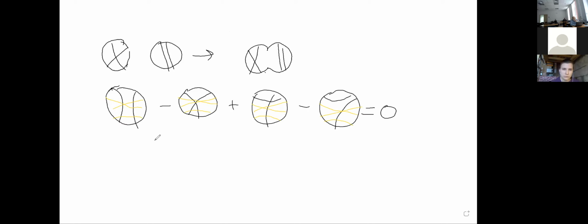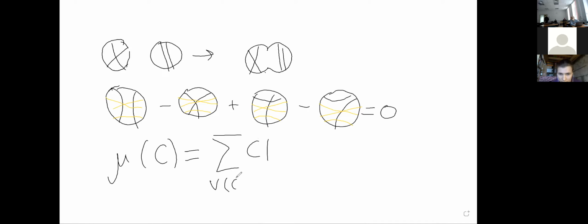So we also consider formal linear combinations of chord diagrams and co-multiplication. The co-multiplication formula is the same, but here V of C is the set of all chords of a chord diagram.